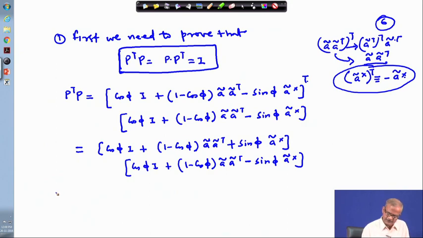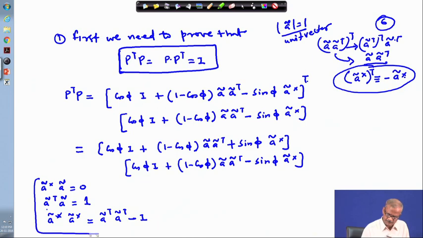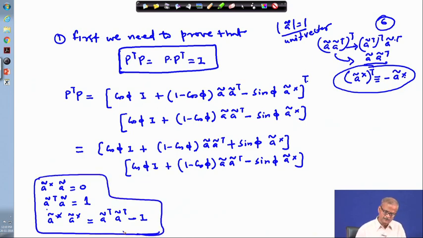and the properties that need to be used are: A tilde cross times A tilde will be equal to 0, and then A tilde transpose A tilde equals 1, because we are assuming the magnitude of A tilde to be equal to 1, which is a unit vector, and A tilde cross times A tilde cross will be equal to A tilde times A tilde transpose minus I. Here the first one is very simple, A tilde cross times A tilde.